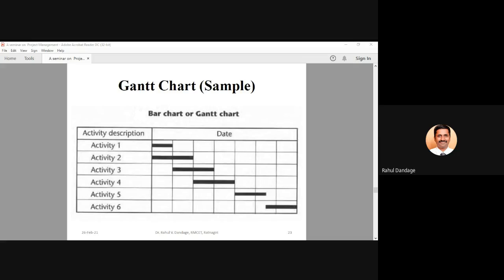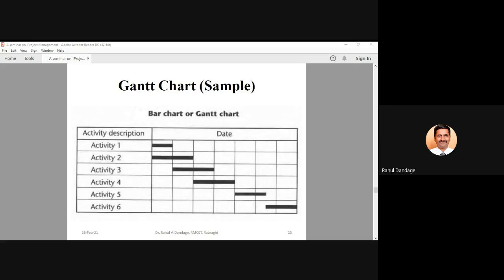Okay. Now, if I come to activity 3, I can understand that activity 3 is starting after completion of week number 1. It is starting at the end of week number 1, which means activity 3 is dependent on what? Looking at the diagram, activity 3 depends on activity 1.